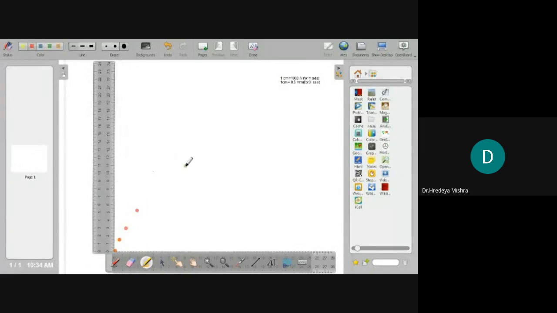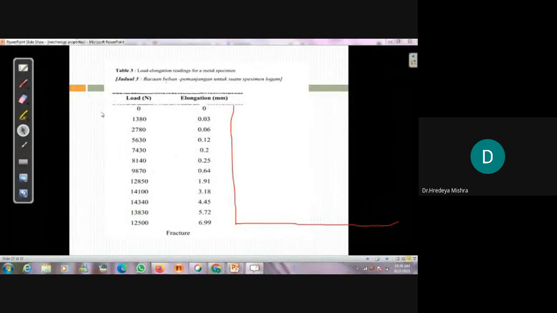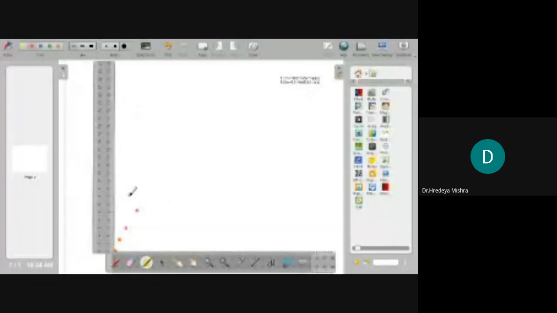Okay. Now, 7,430. So, 7,400 is around here and here. So, similarly, we put the values.